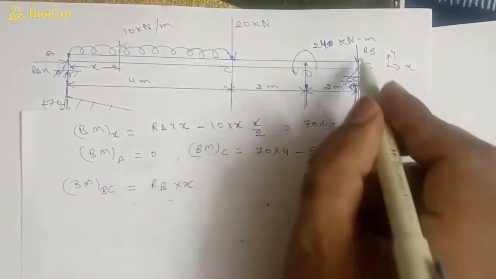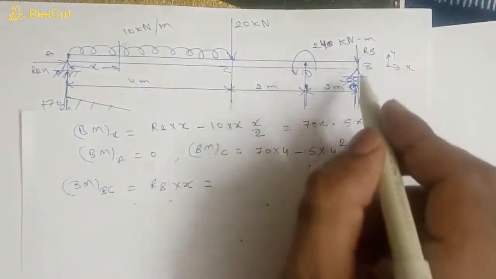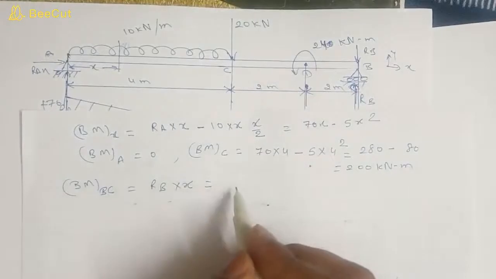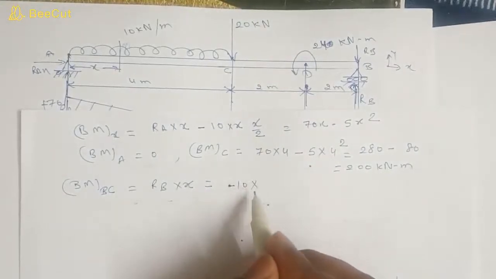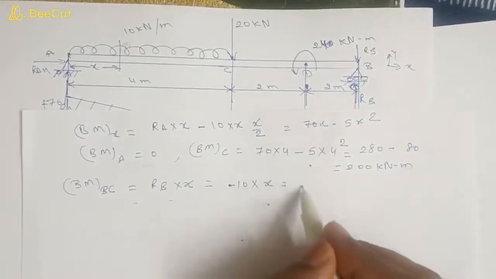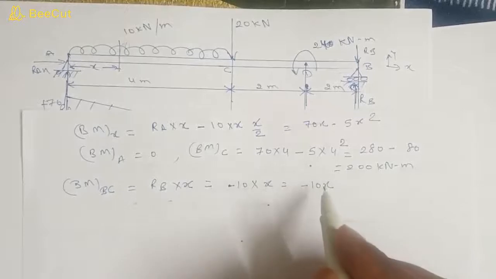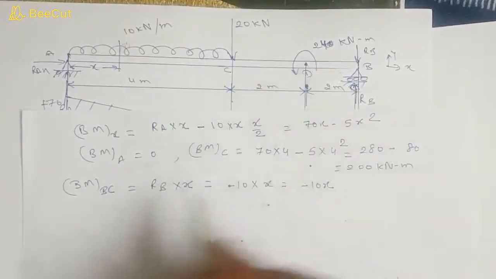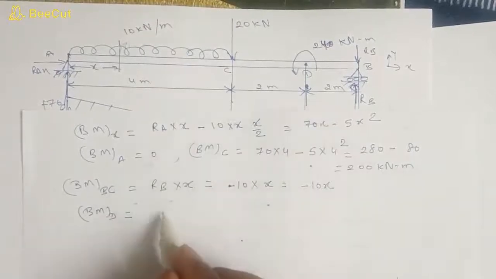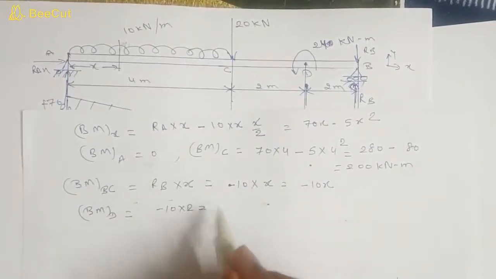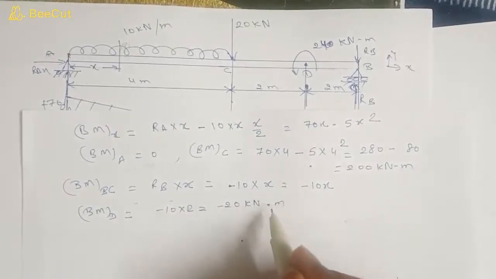There is only one force, RB into x. So it is a sagging moment, so it will be positive. So RB is minus 10 into x. Now x at this distance d, bending moment at d will become, this is 2 meters, so minus 10 into 2 is equal to minus 20 kilonewton meter.